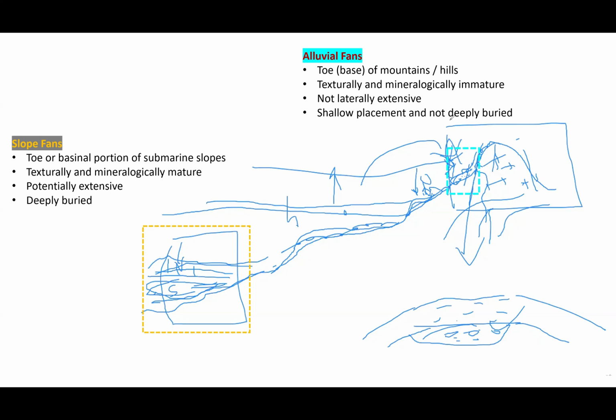So yeah, most times they're potentially extensive and they're deeply buried, of course, which puts them in a good position, or makes them stand a better chance of being overlain by hemipelagics or deep water marine rocks, which in most cases could be very good seal rocks.